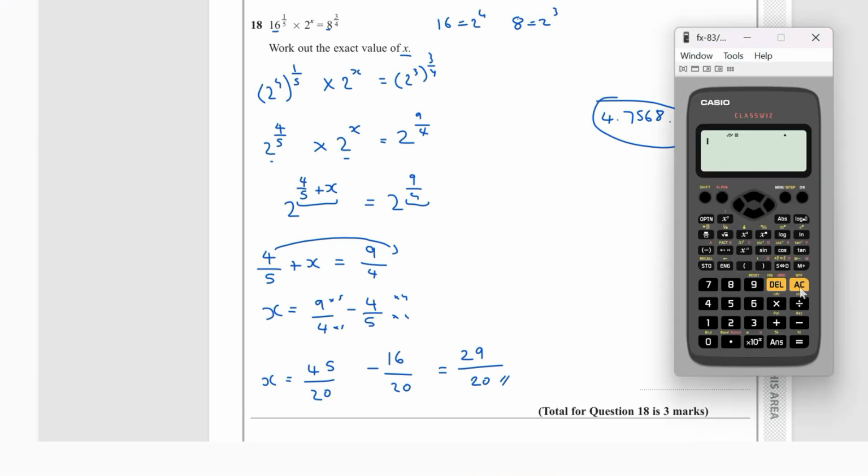Now if we input 29 over 20 into this first half of the equation, we should get this number here. So 16 to the power 1 over 5 multiplied by 2 to the power of 29 over 20. We get the same answer, so we know that this value is correct.